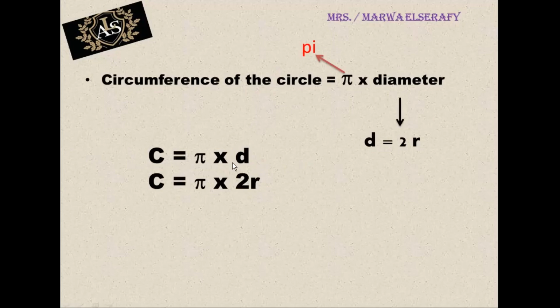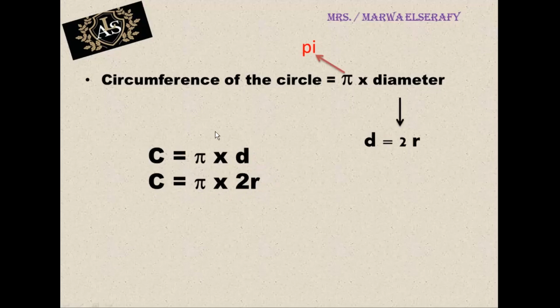If he gives me the diameter of the circle, I will use this rule: circumference equals pi times d. But if he gives me the radius of the circle, I will use the second rule: circumference equals pi times 2r.